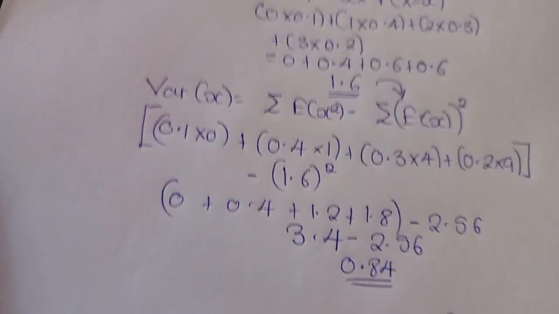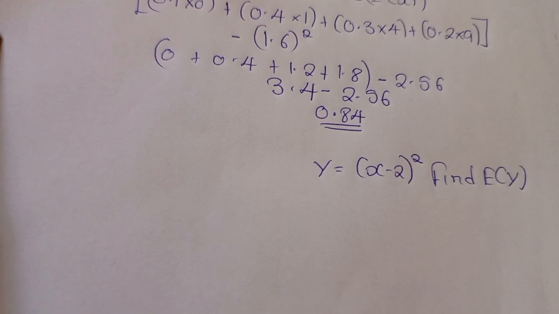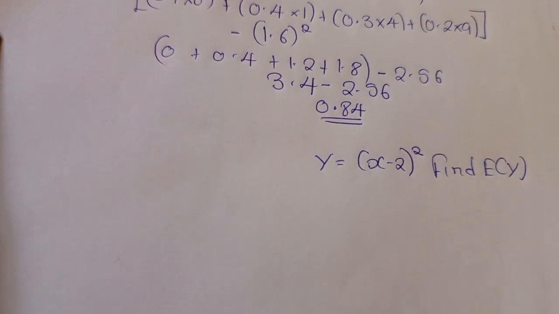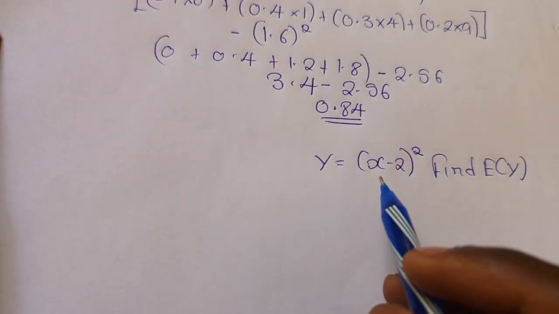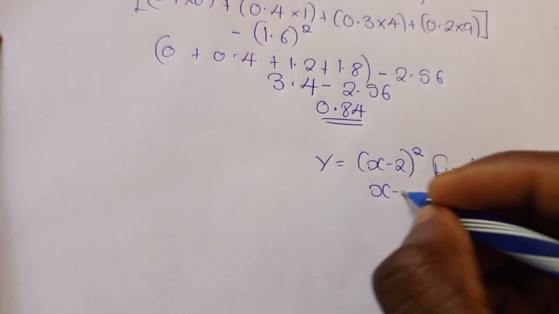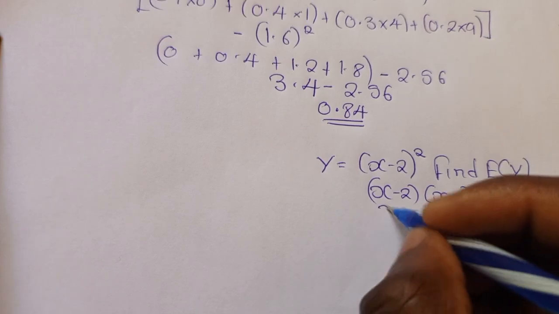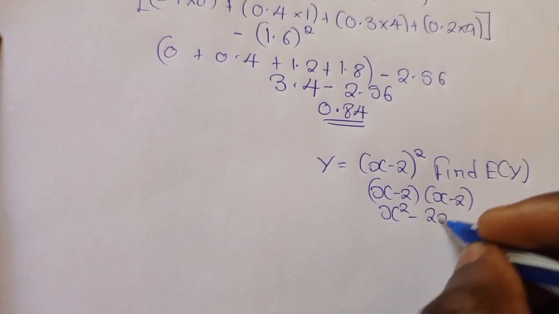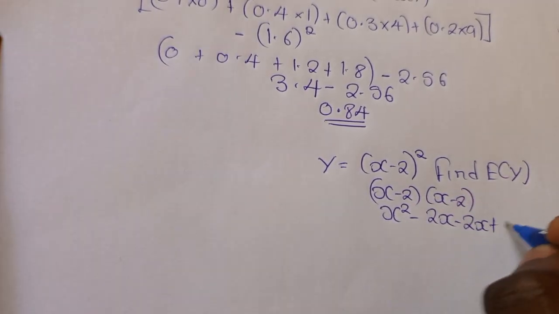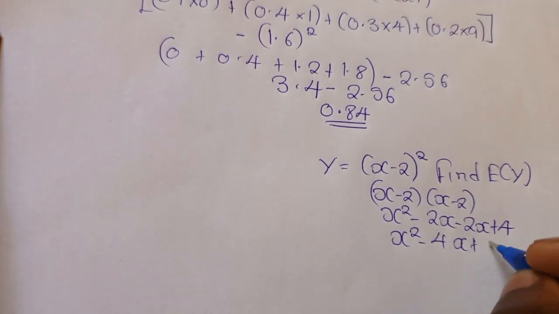So what we are interested in now is, remember the properties of expectation. So what we'll do, we will expand and simplify. So I have x minus 2 squared, which when you expand, you get x squared minus 2x plus 4. So you have x squared minus 4x plus 4.